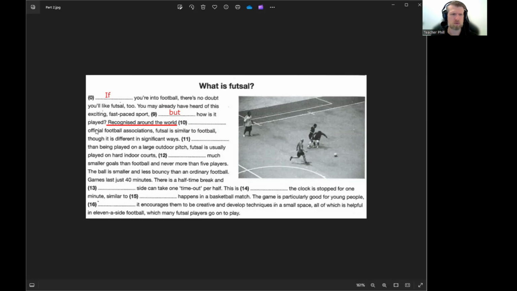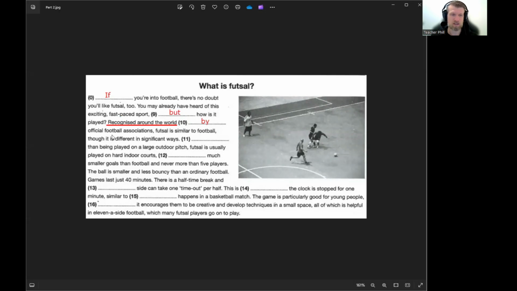Here we have official football associations, like the national associations, I guess, or FIFA and others like UEFA. They recognize futsal, which means that in a passive structure like this, how we normally show the agent, or who does the action, is by using the word by. So I think that makes sense here.